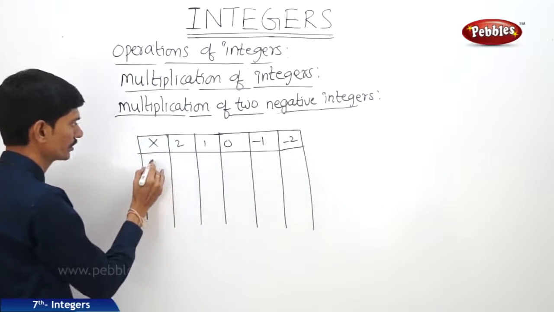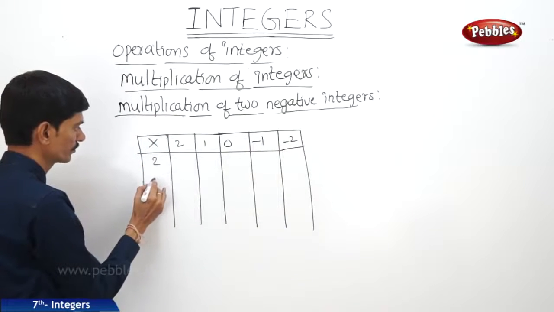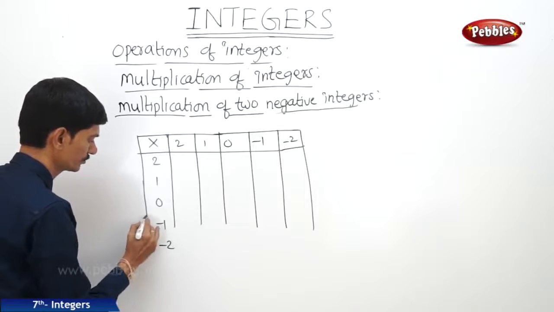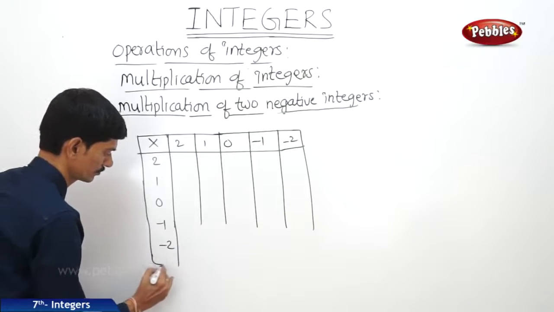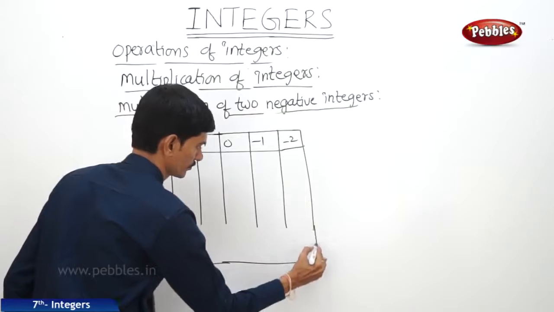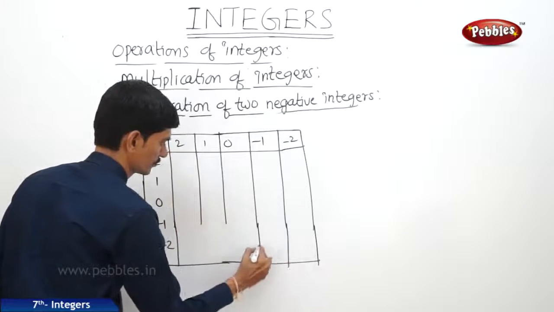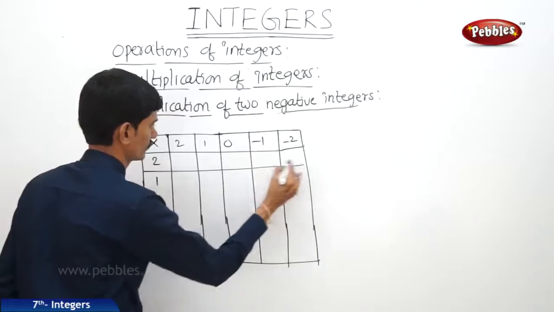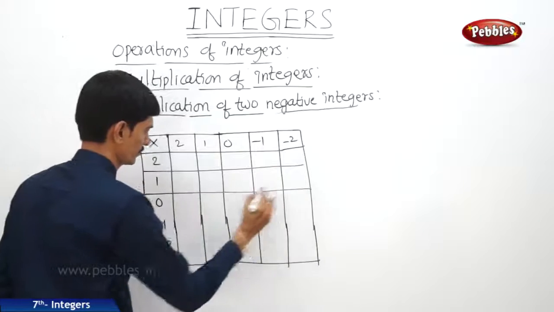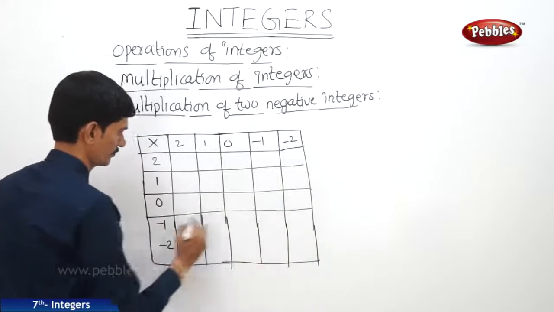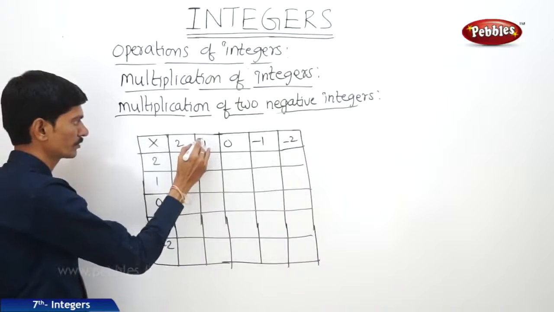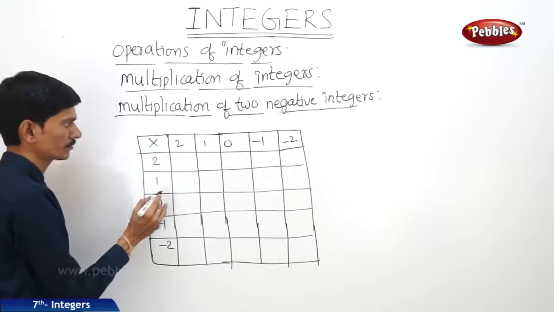So here also we take the positive integers 2, 1, 0, minus 1 and minus 2. Here 1 and 2 are positive integers, here also 1 and 2 are positive integers.